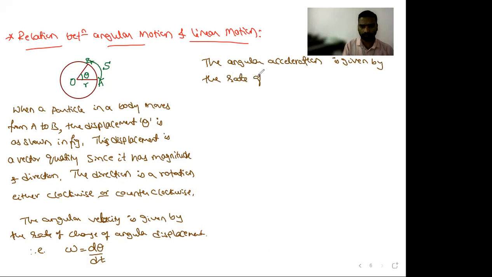The rate of change of angular velocity. That is, alpha is equal to d omega divided by dt. So in this omega I can substitute d theta by dt. Then what will it become? d square theta divided by dt square. Is it correct, all of you? Yes, sir.